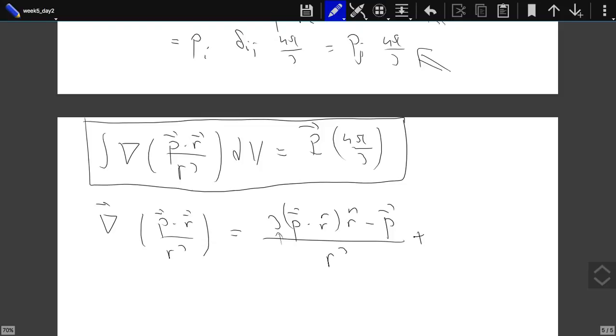What is the function that is 0 everywhere except on a single point? We have to add a Dirac delta.